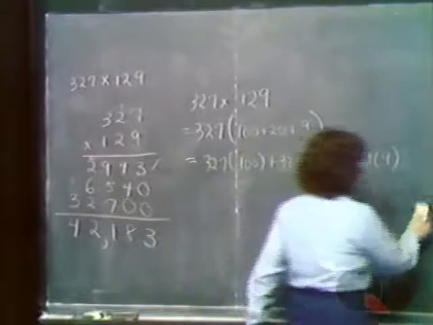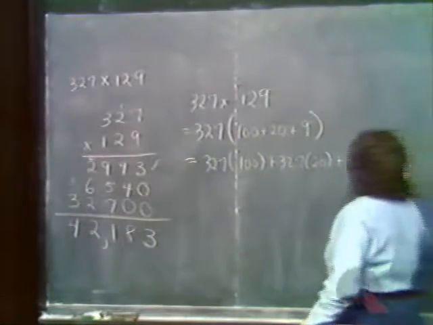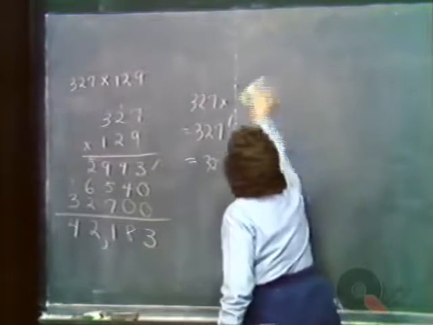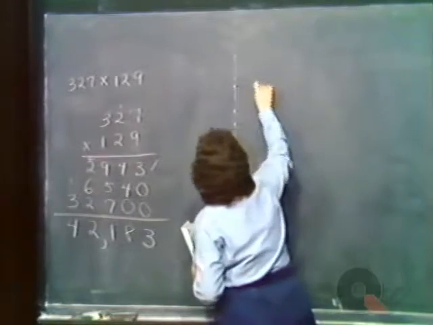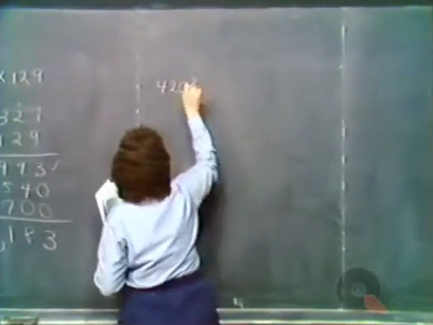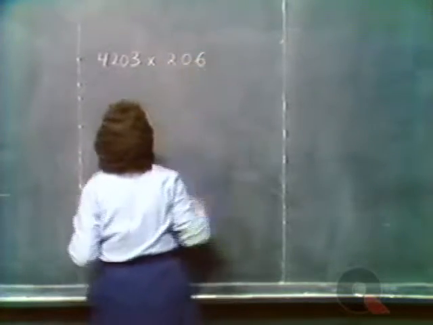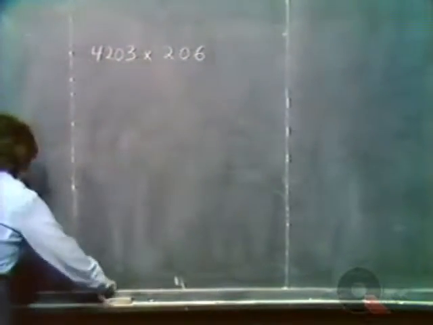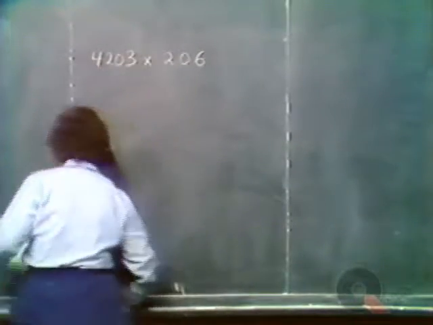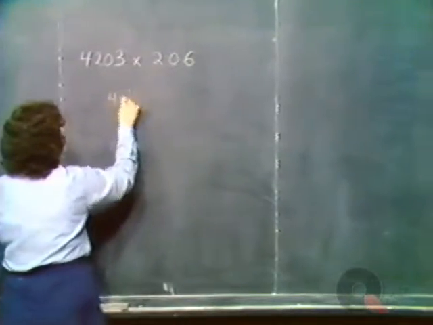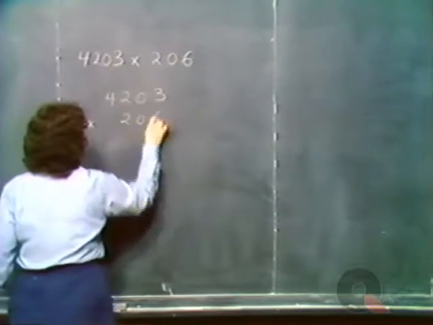Let's try another multiplication problem. How about 4,203 times 206? You would rewrite as 4,203 times 206.